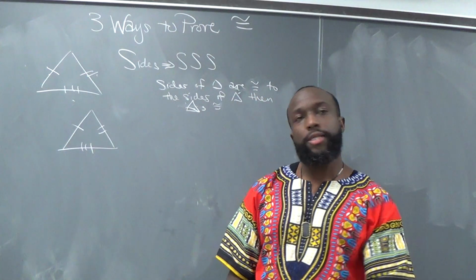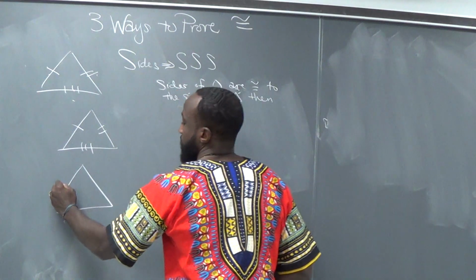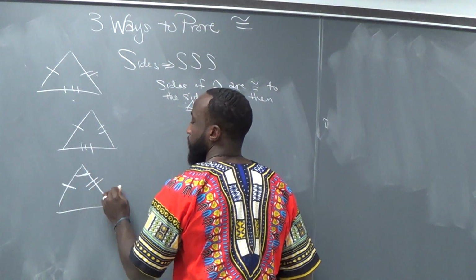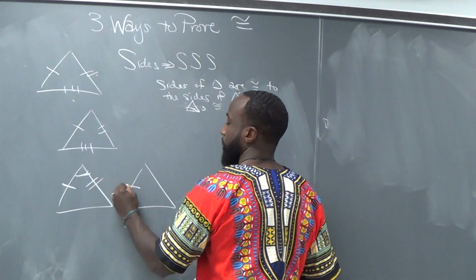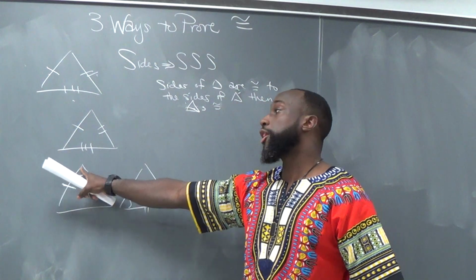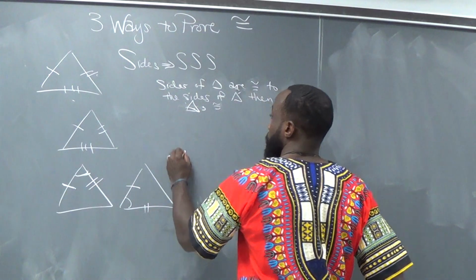The next one is triangles are congruent based on side, angle, side. If you have a triangle with a side, an included angle, and another side. Included is a special word here.